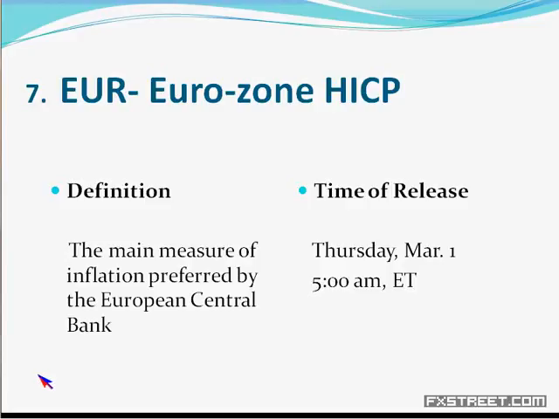In other words, that flash estimate next Thursday of the Eurozone harmonized index of consumer prices could show us that inflationary pressures are subsiding and inflation is no longer a problem in the Eurozone.